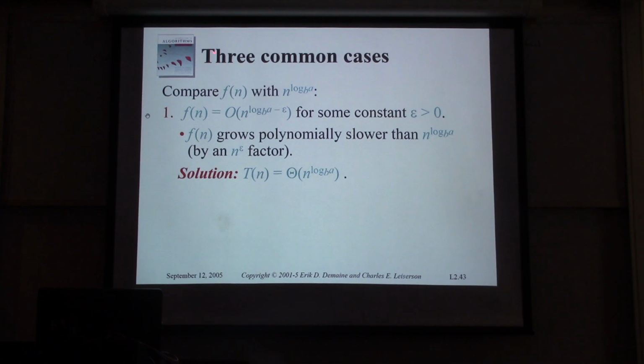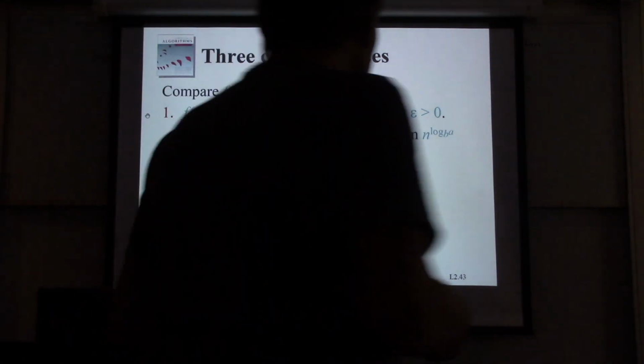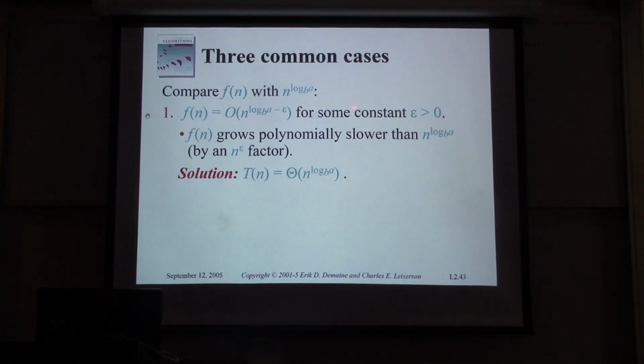And when we compare them, we will find if f of n, the actual work, is pretty much the same as big O of n to the log b of a minus an epsilon, where epsilon is some positive constant.